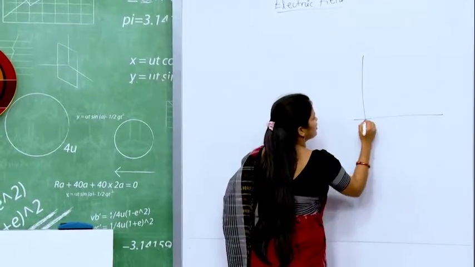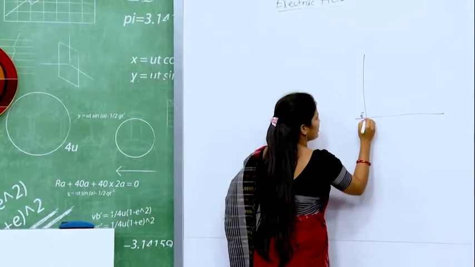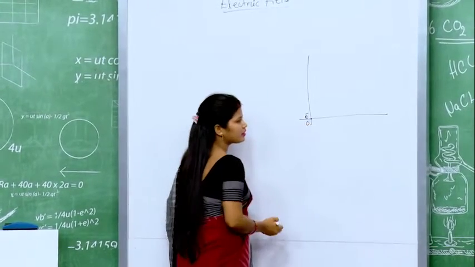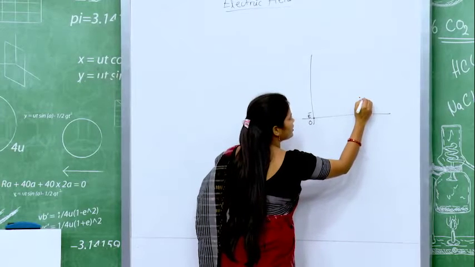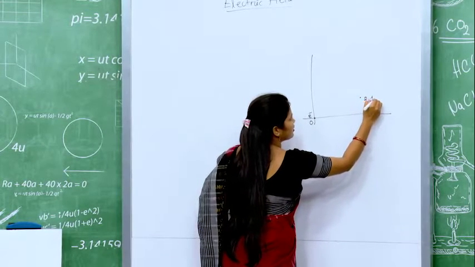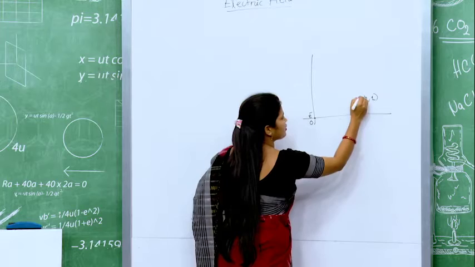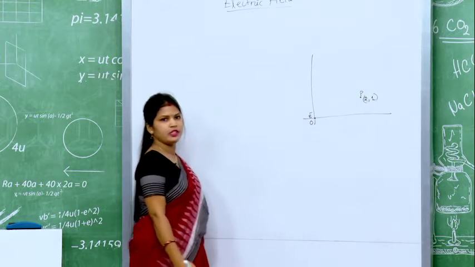Here the electron is present at the origin and we wish to find the electric field intensity at the (2, 1) position.